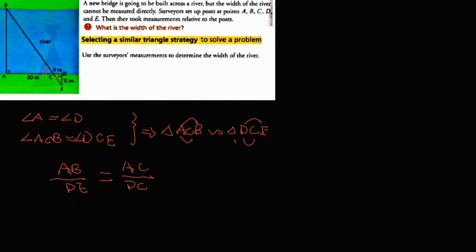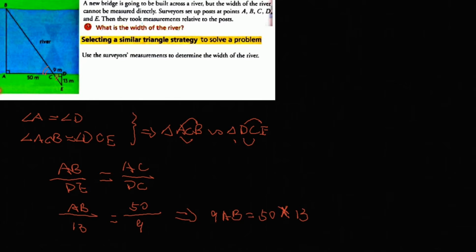We substitute the measurements in these ratios. AB we don't know, so we should find it out. DE equals 13, AC equals 50, and DC equals 9. So what about AB? We can determine 9 times AB equals 50 times 13.